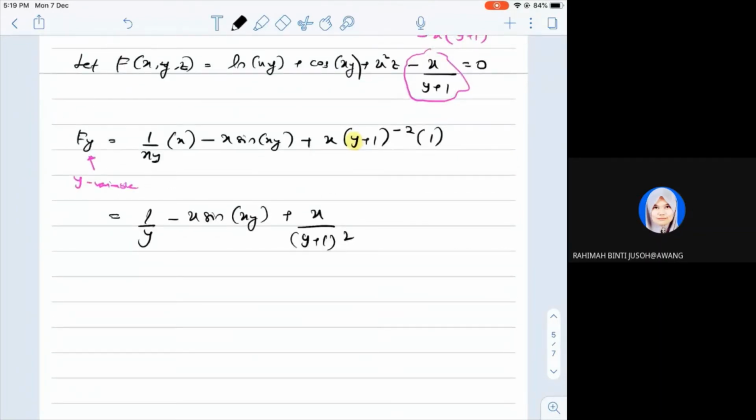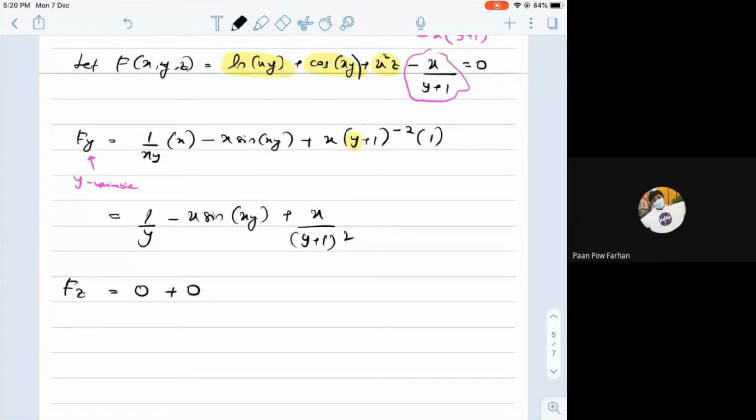Okay, next we need to find fz. Itulah fz. Okay, so now differentiate ln xy with respect to z, we get what? 0. Next, differentiate cos xy with respect to z, we get? 0. Also 0. Sebab x dengan y ni just constant saja. Okay, what happened here? x squared z, differentiate with respect to z, we will get?